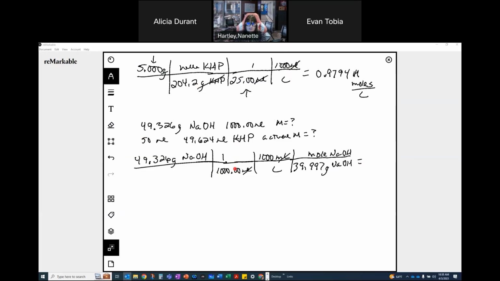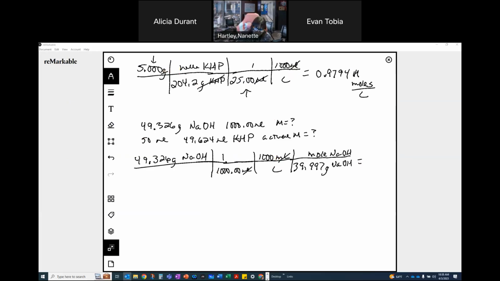So I divided by the 1,000 mL that were in the solution, but then I have to convert that to liters. Oh, I erased everything I had and tried to put my moles in the middle. But you can do that. You can set it up the same way that we did the previous one. That's perfectly fine.